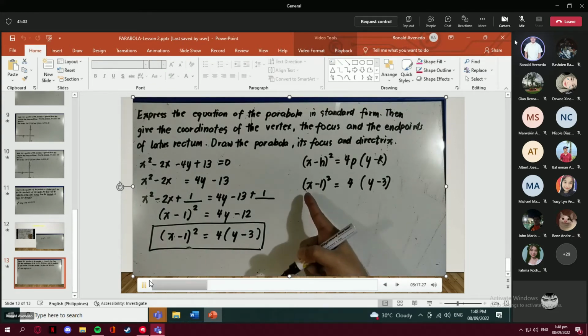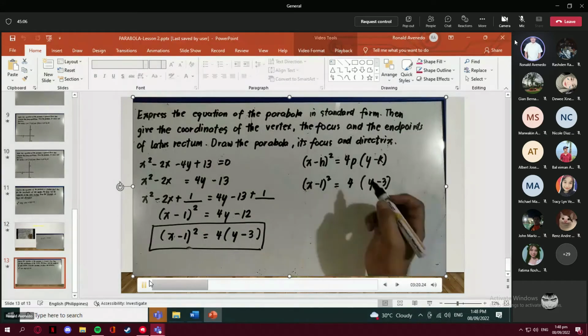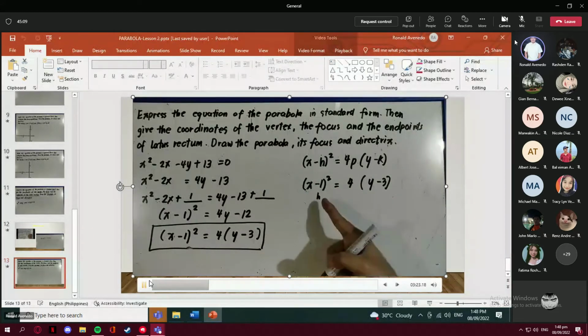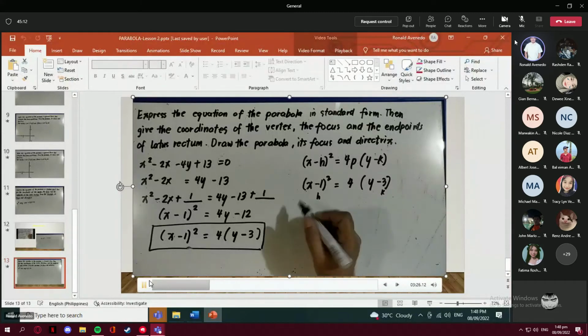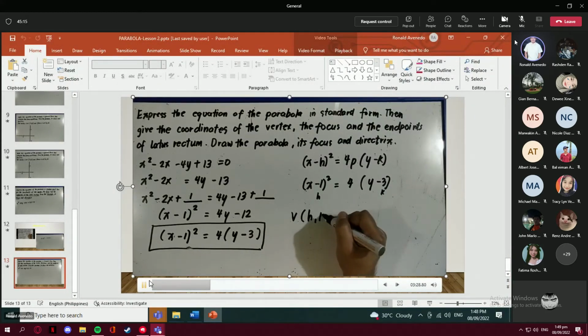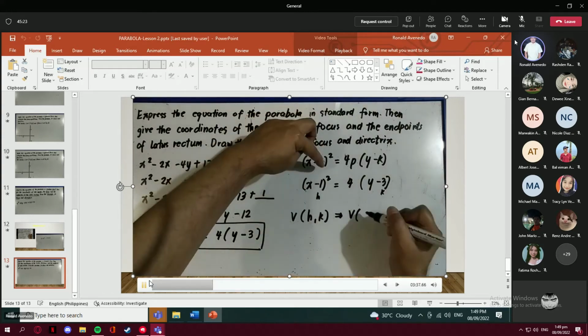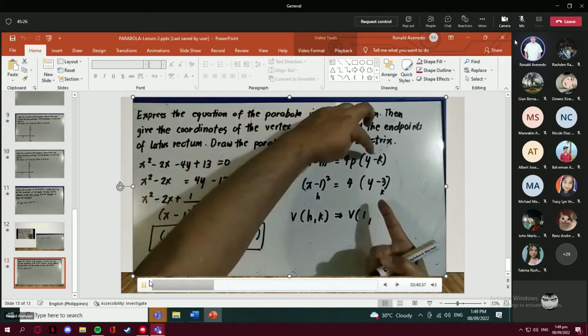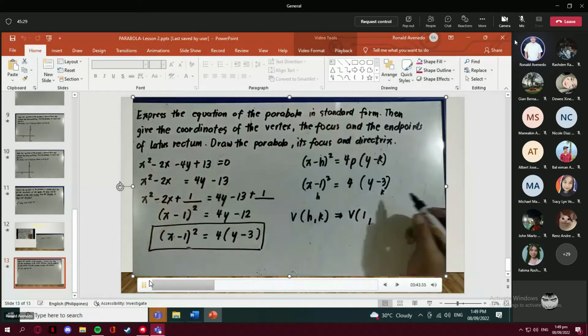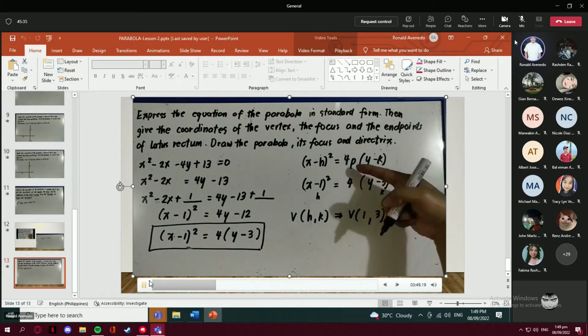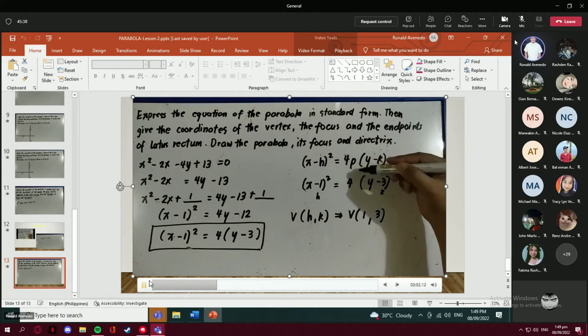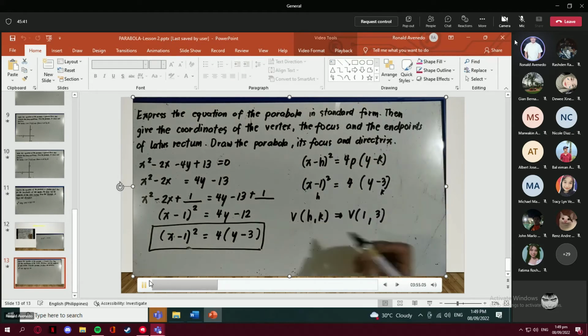So this is h and this is our k. The vertex is h, k. So we have x minus h, so x minus 1, so h is 1. Then y minus k, so y minus 3, so our k is 3. Our p is 4, so it is understood to have 1 here. So p is equal to 1.